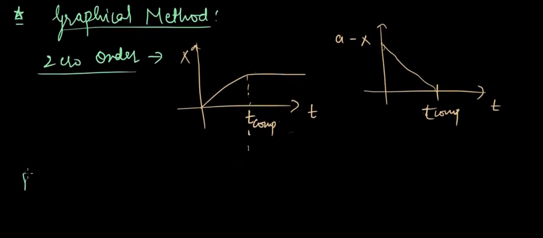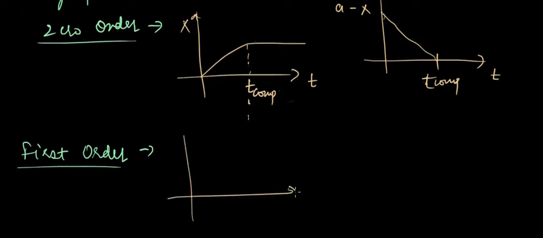What about a first order reaction? In first order we would see a graph something like this: if we plot ln of a minus x against t, then it should have a negative slope.